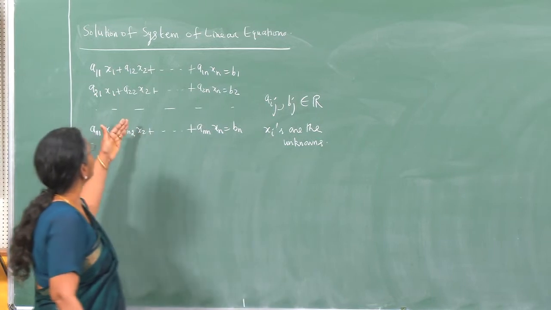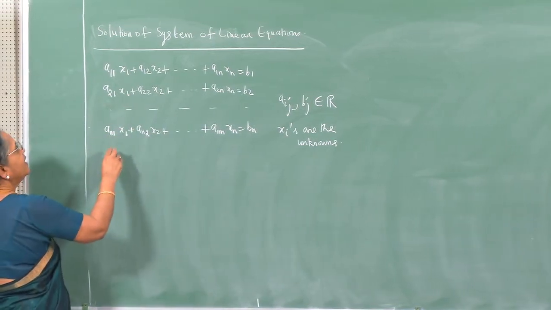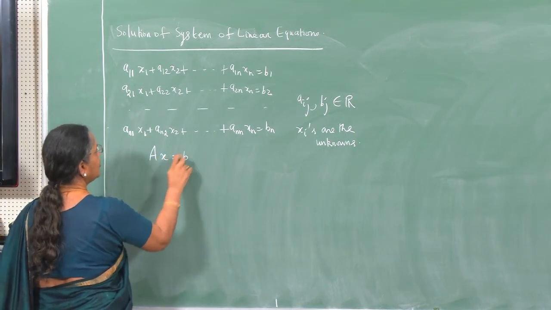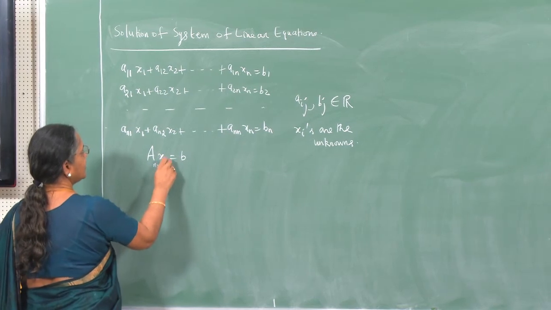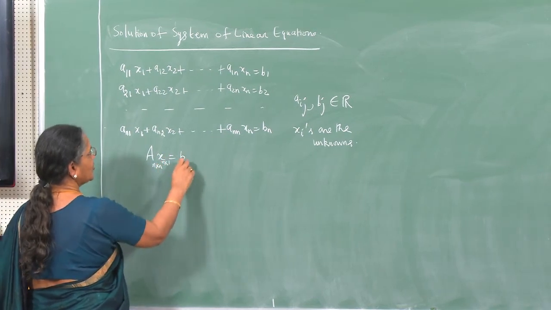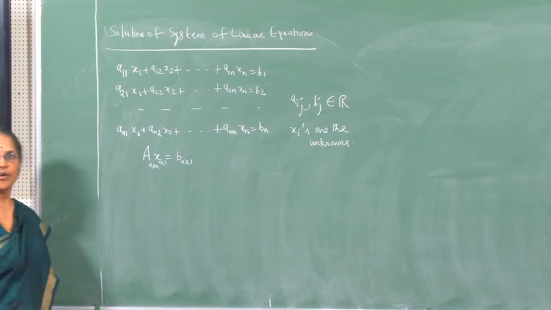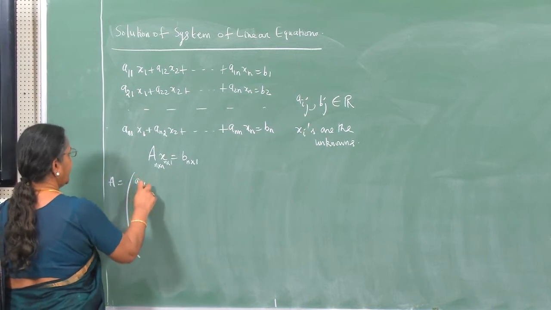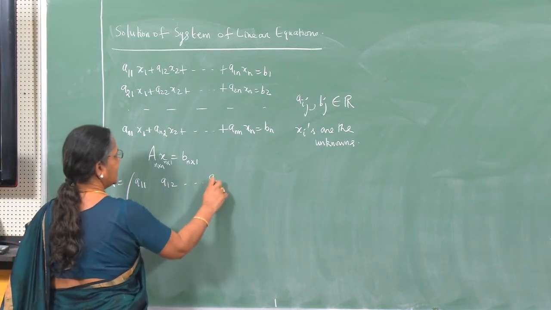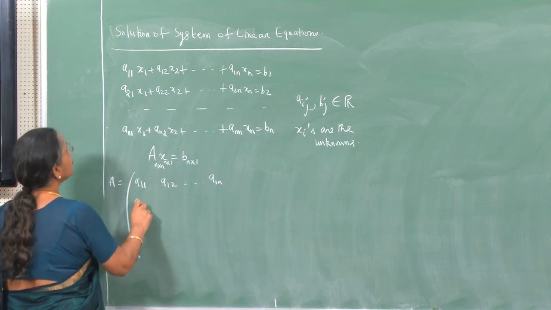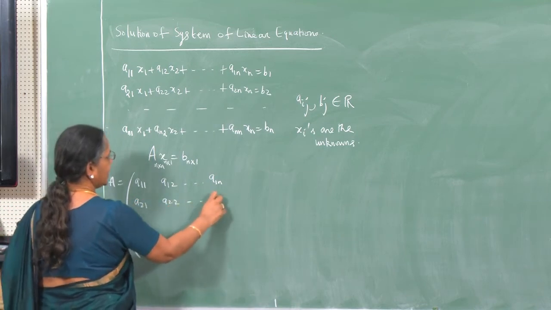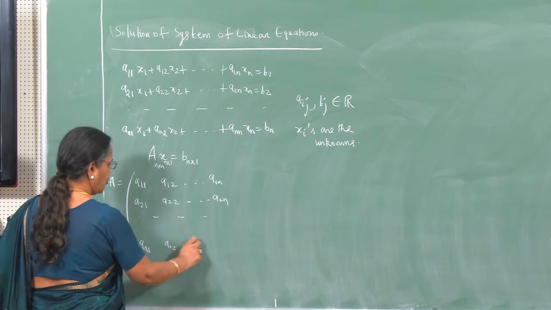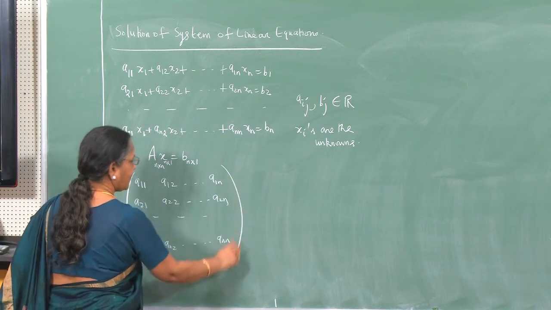And we see that the system of equations can be represented in matrix form as Ax is equal to B, where A is an n cross n matrix and X is an n cross 1 vector and B is an n cross 1 vector, where A is given by a11, a12 etc. a1n, a21, a22 etc. a2n, and so on, an1, an2 etc. ann.